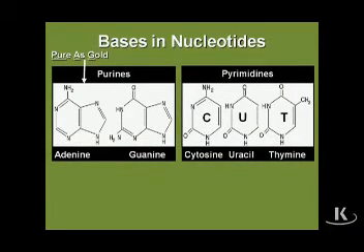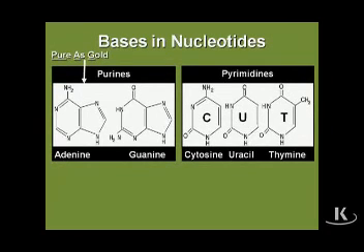And you know that when it comes to the rules of base pairing that you'll see later on, adenine is always going to pair with thymine in DNA, and guanine is always going to pair with cytosine. So you're always going to see a purine and a pyrimidine base pairing with each other.